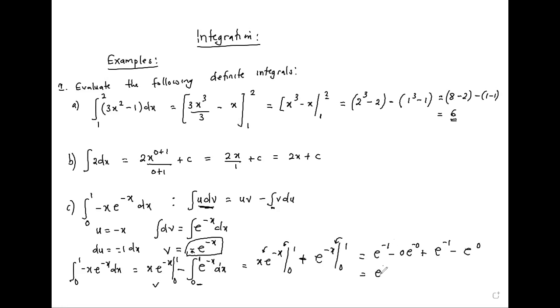So e to the -1 is there, this is 0, plus e to the -1, e to the power 0 is 1, so that's -1. You add these two, you get 2e to the -1 minus 1. This is the solution.